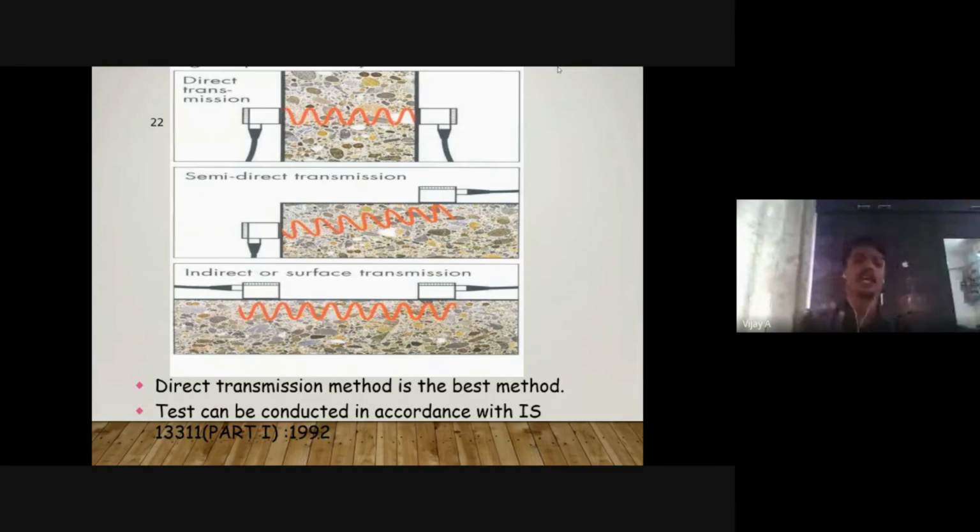And indirect or surface transmission means on the same surface you are going to keep both your transducer as well as receiver. The direct transmission method is always the best method that you have to use. In some scenarios, you can use surface transmission as well, but direct transmission will give more accurate results.